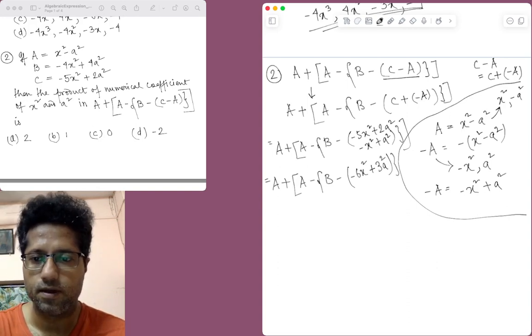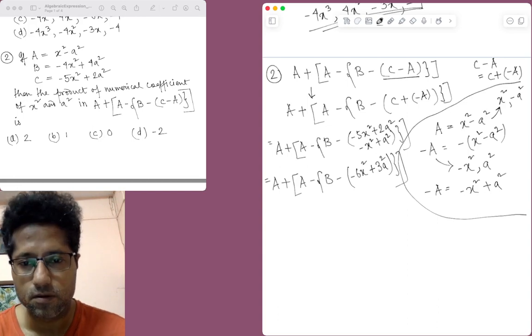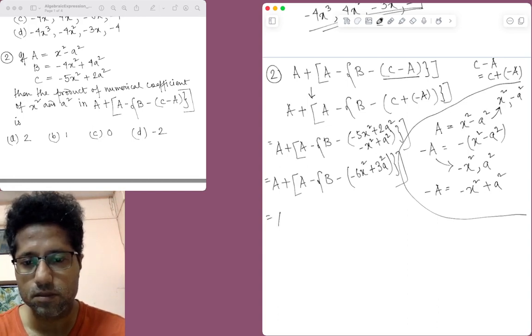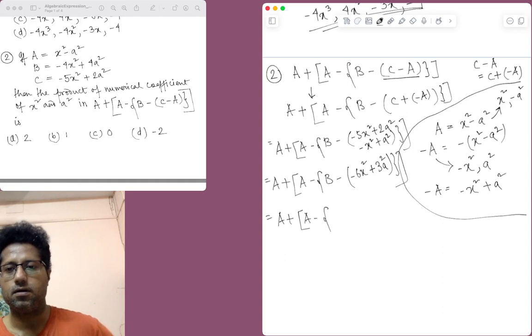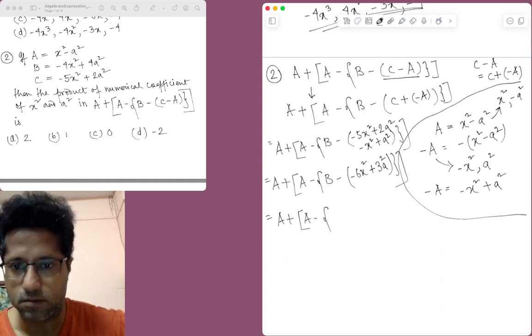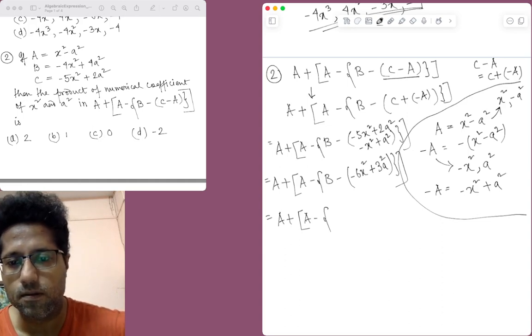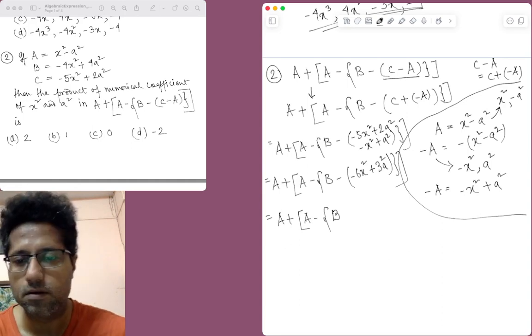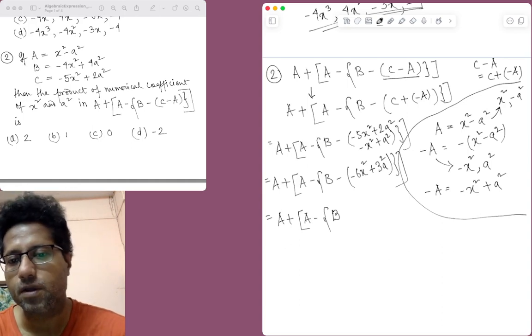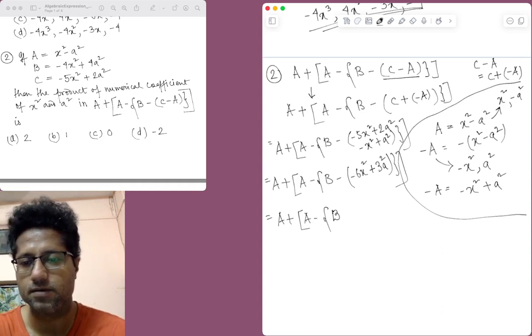And then we have this grouping. Now we can open the innermost grouping, because it is already simplified and all the like terms have been combined.